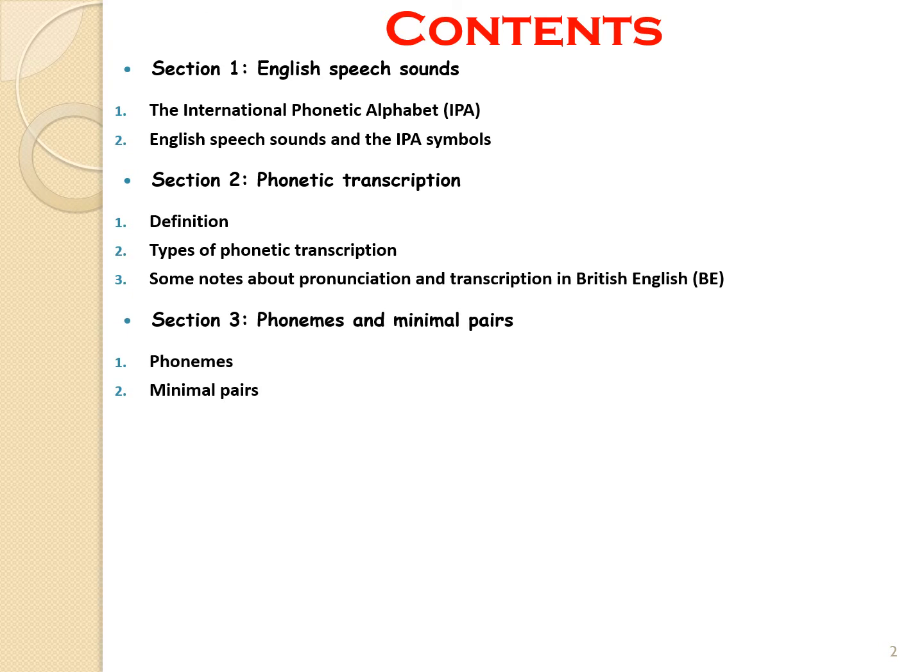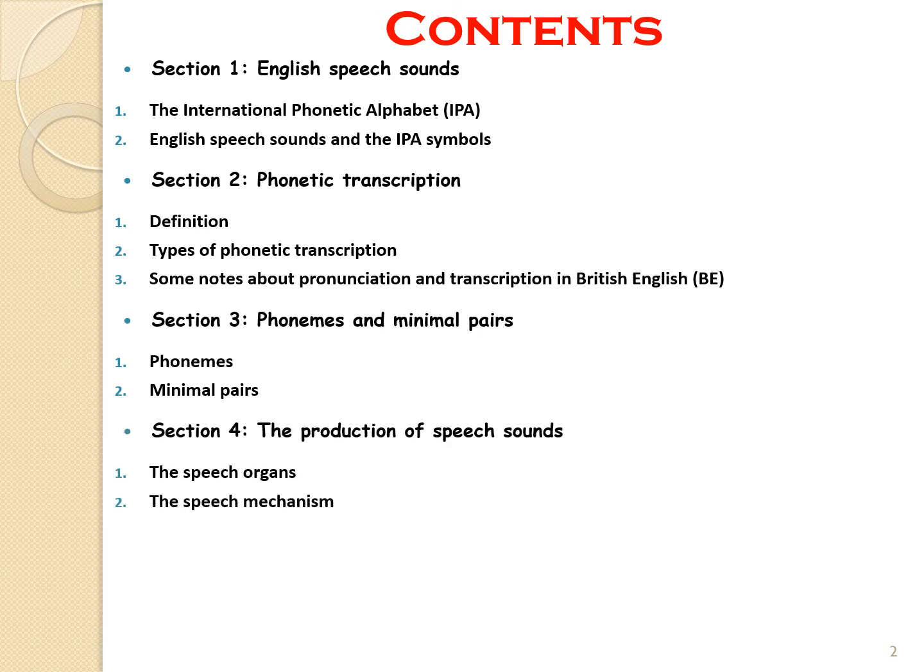Section 3 will be about phonemes and minimal pairs. Section 4 will be about the production of speech sounds. What are the speech organs involved in the production of sounds? And how do we do it? That is the speech mechanism.